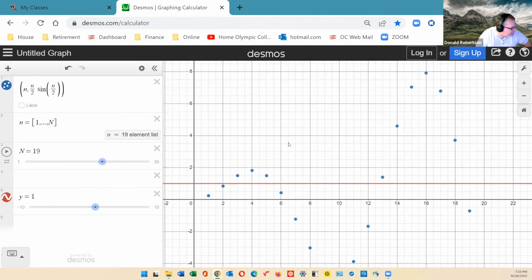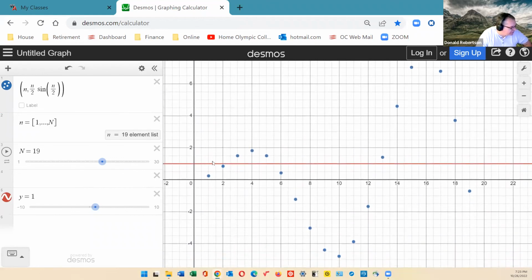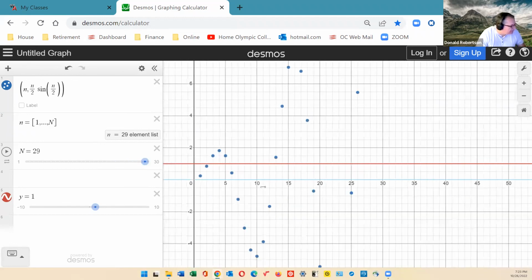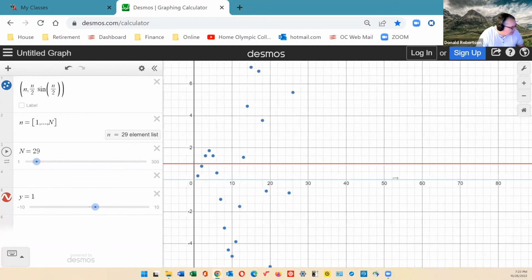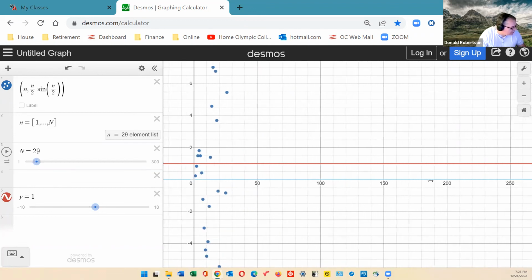Now, if you look at the value of this, it looks like it's going all over the place, agreed? But if I do enough terms and I shrink this scale a little bit, I think I'm going to have to change this number to some ridiculous, like 300. Let's try it again. 300 is going to be a long way away.